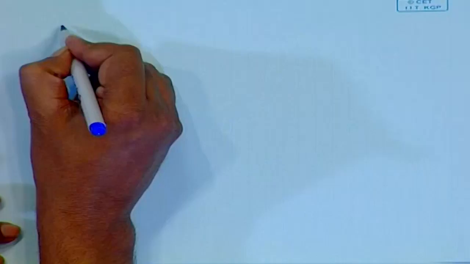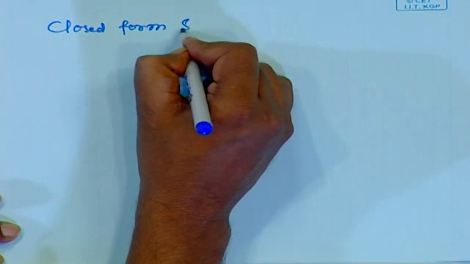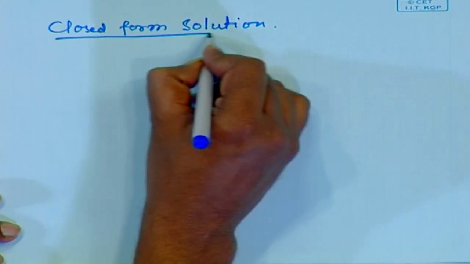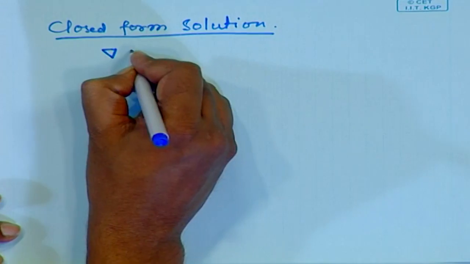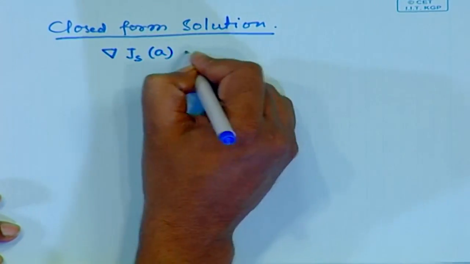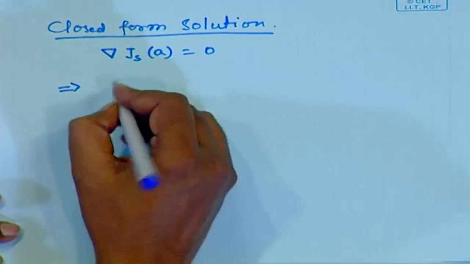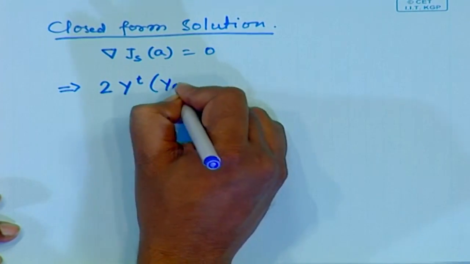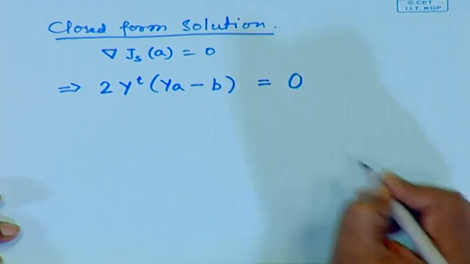Accordingly, I can obtain a closed form solution just by equating the gradient of J_s equal to 0. Since the gradient of J_s is nothing but 2 Y transpose (Ya minus b), that has to be equated to 0.